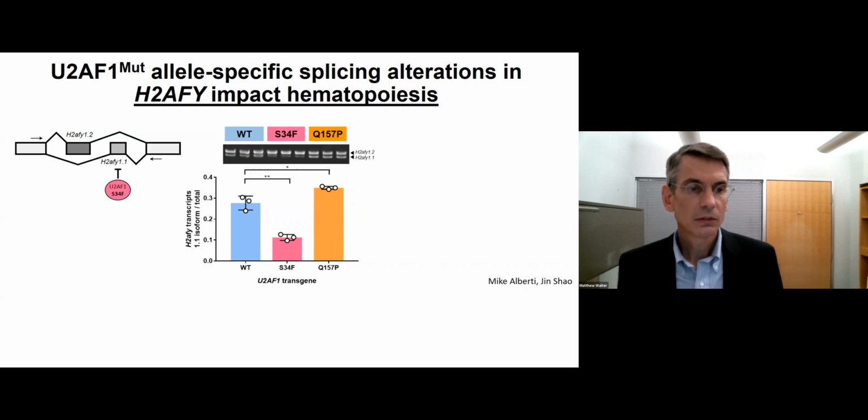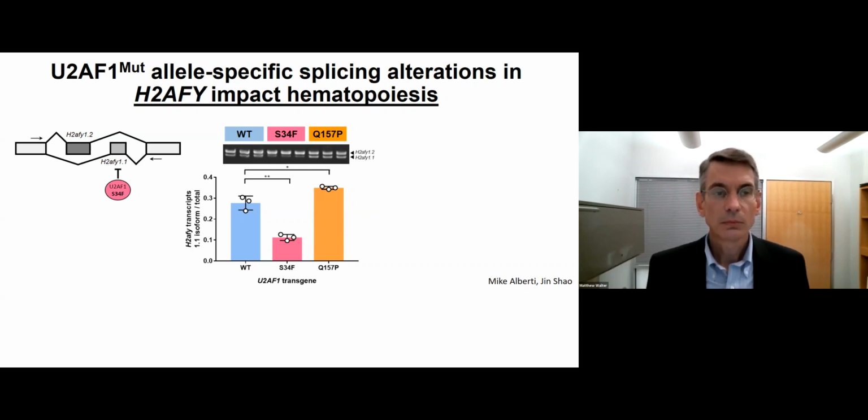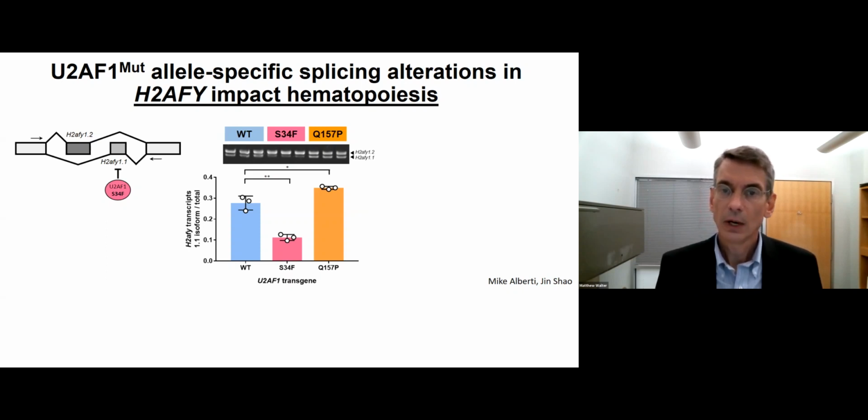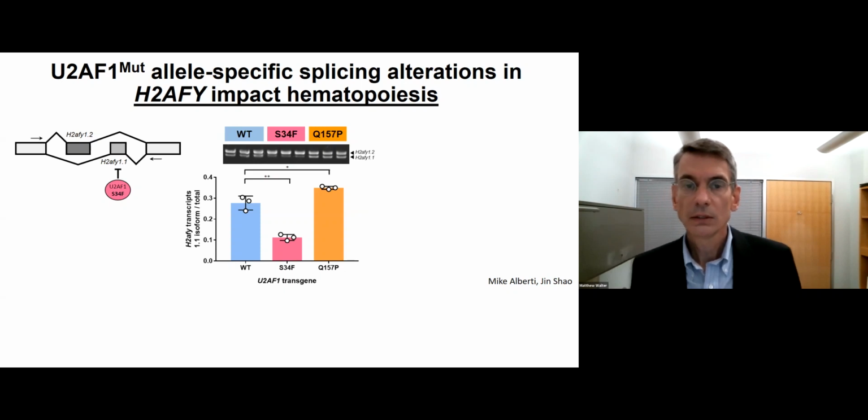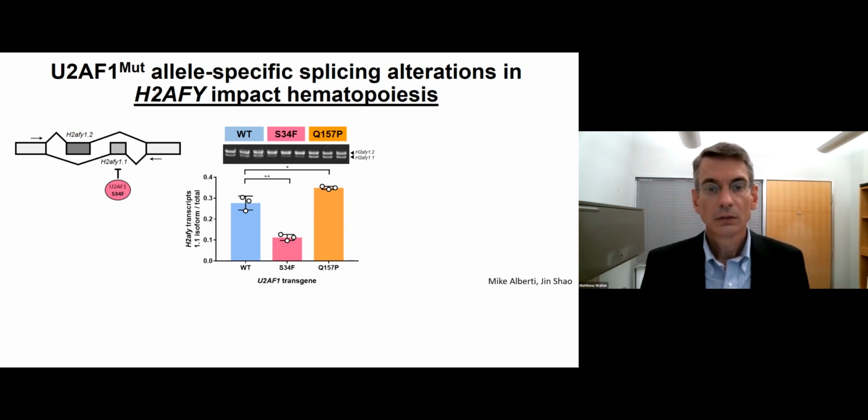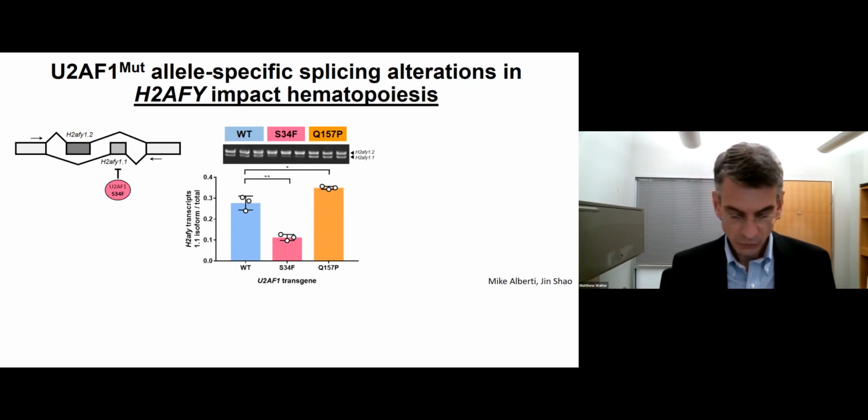And we can see that S34F reduces the expression of the 1.1 isoform. In the middle, you can see that the lower band representing 1.1 in the gel electrophoresis is reduced in intensity compared to the wild type and Q157R mice. This is then summarized in the bar graph below, where the S34F cells have a reduction in the 1.1 isoform, but the Q157R mutants do not.